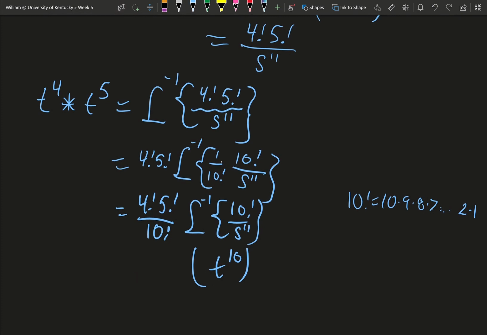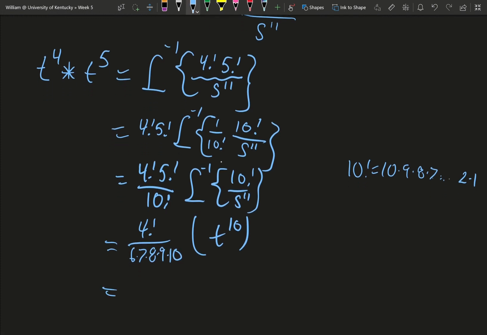So to simplify things a little, I can cancel this 5 factorial with the first 5 numbers of the 10 factorial. So I'm going to get 4 factorial all over 6 times 7 times 8 times 9 times 10. And let's see, I can cancel the 2 and the 3 with that 6, and I can cancel that 4, leaving me with a 2.